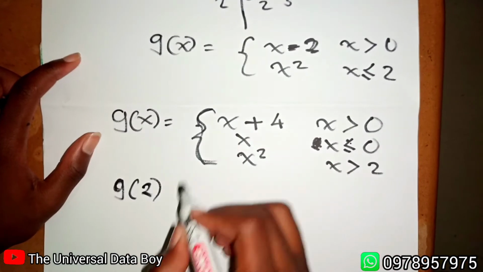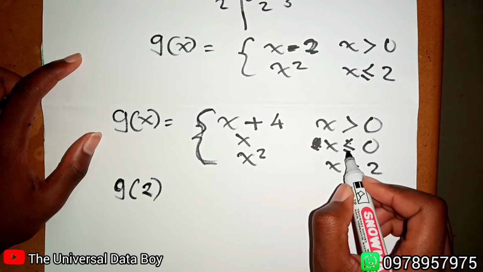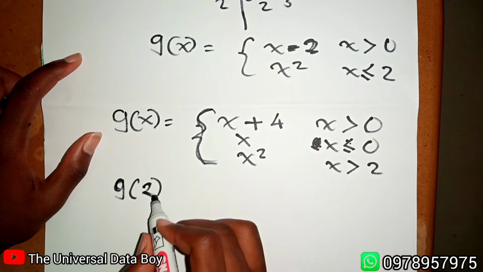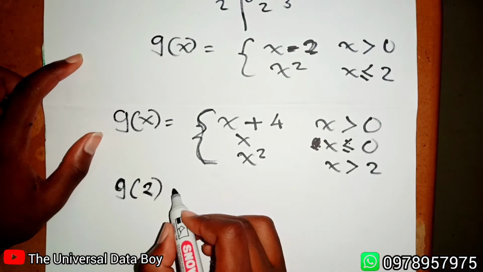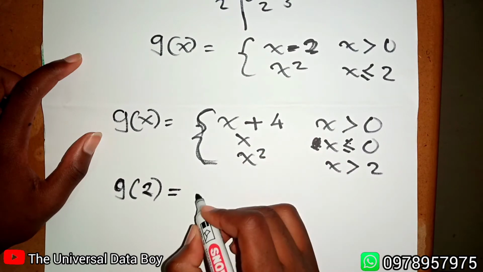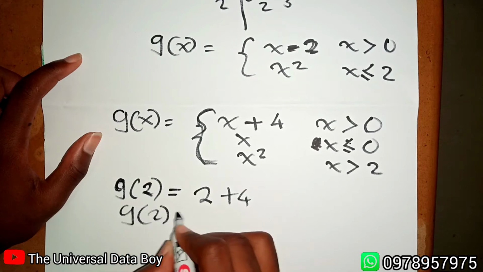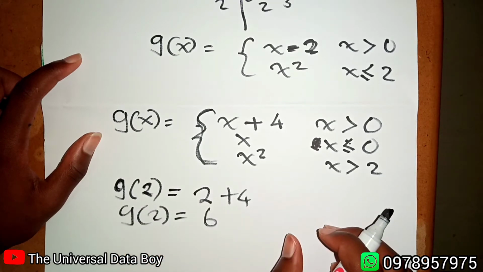So this function is valid for this kind of x. But when you look at this one, it's saying less than or equal to 0, so x cannot be this one because it's greater. So g of 2: where there is x, we're going to put 2 plus 4. So g of 2 is simply equal to 6, just like that.